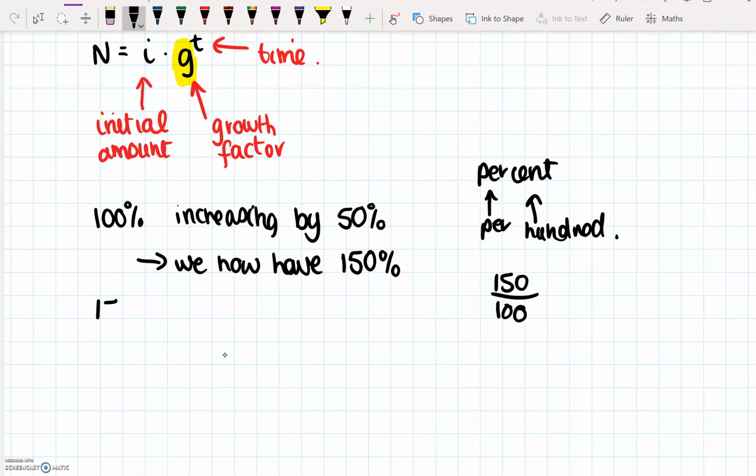Okay, so we have 150% divided by 100 will give us what we need as a decimal, which is just going to be 1.5. Okay, so in this case, if we're increasing by 50%, our growth factor G is equal to 1.5.